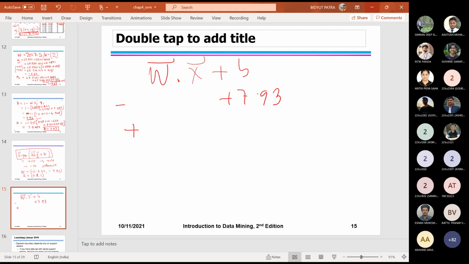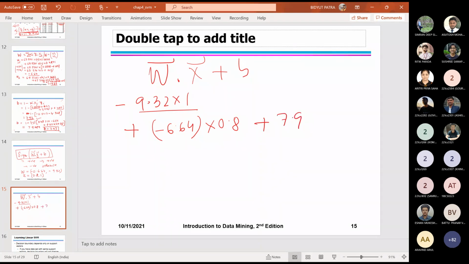So it is 9.32 into 1, plus this is minus 6.64 into 0.8, plus 7.93. So this will be negative, right? So then the class level will be the negative class.